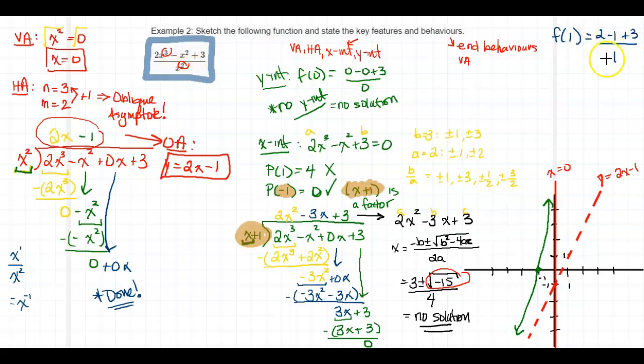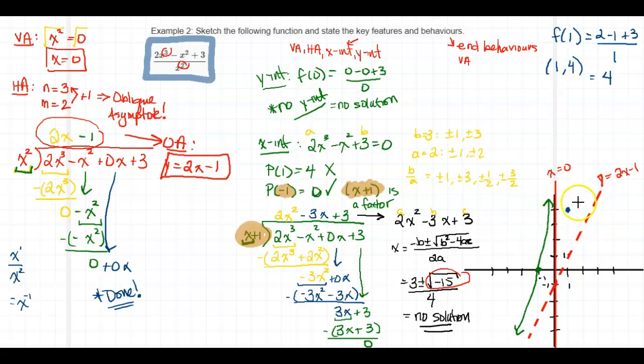Well, 2 minus 1 plus 3 gives me 4. And 4 over 1 is just 4. So my coordinate here is going to be (1, 4), which is 1, 2, 3, 4, it's actually right here. So it again supports the idea that I have to be up here.